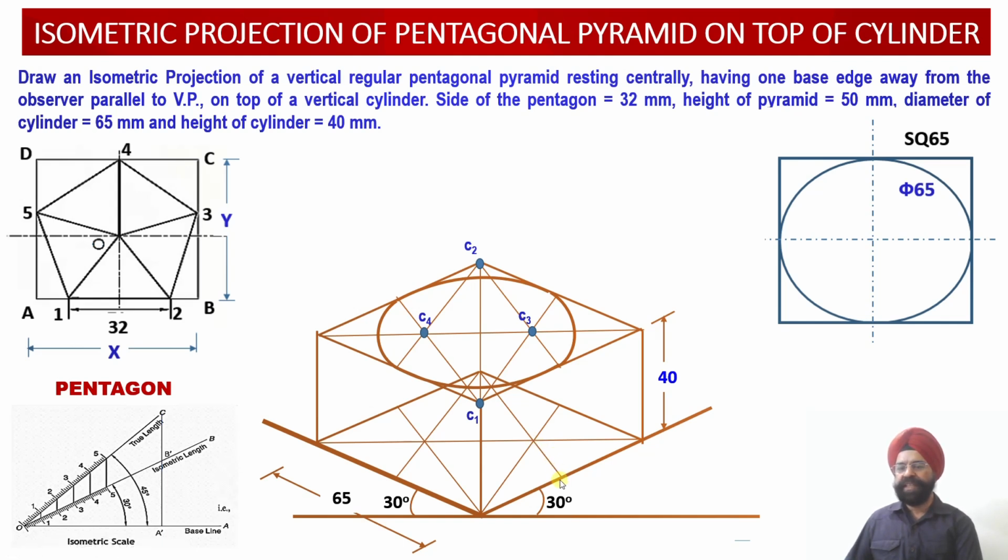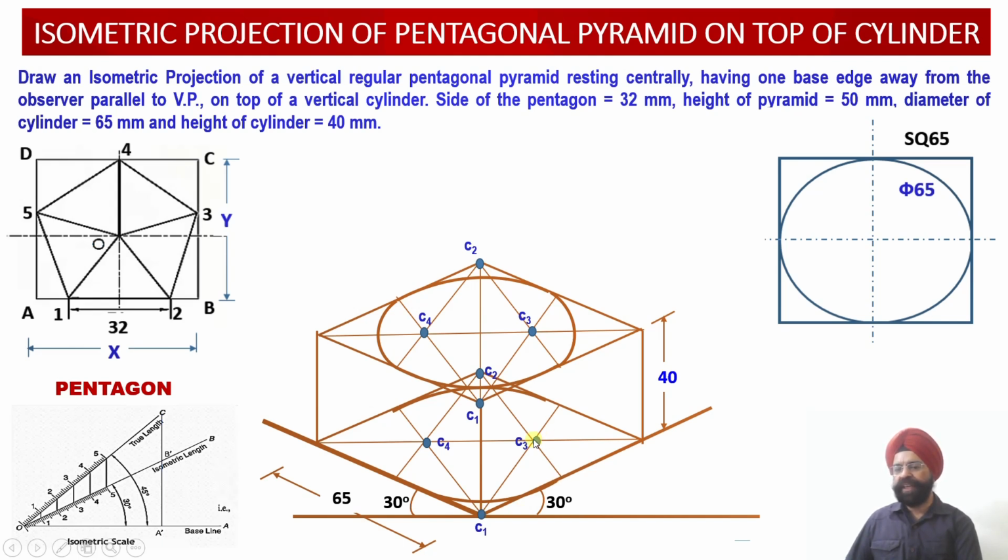So having made this construction, now once again as per the four center method, the four centers have been located: center 1, center 2, center 3 and center 4. Similarly, with C1 as the center point and radius equal to this much, the first arc has been drawn. With C2 as the center, radius equal to this much, the second arc has been drawn.